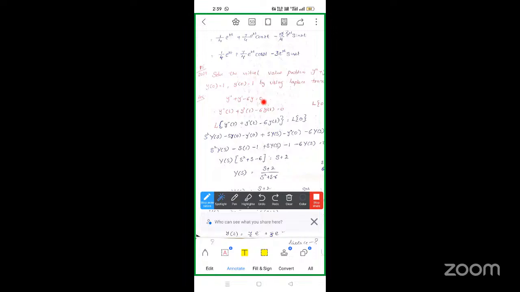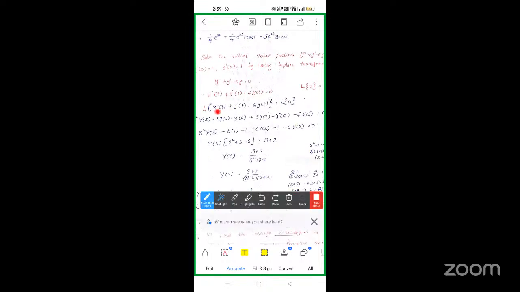Given the differential equation y double dash plus y dash minus 6y is equal to 0, taking Laplace transform on both sides: L of y double dash plus y dash minus 6 into y is equal to L of 0.